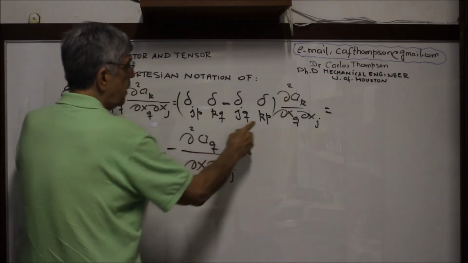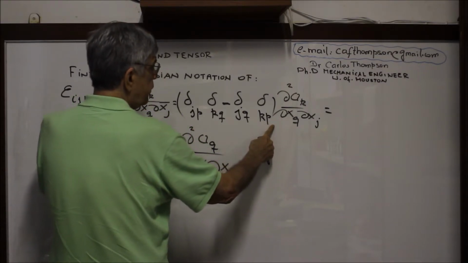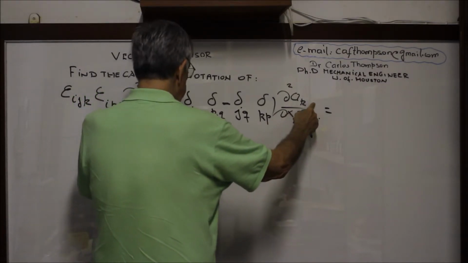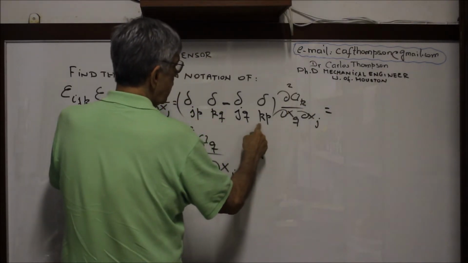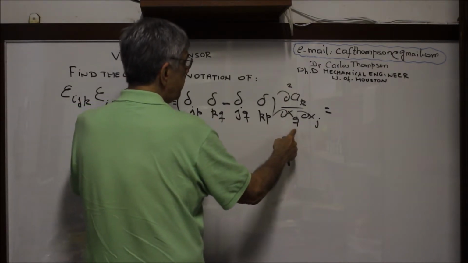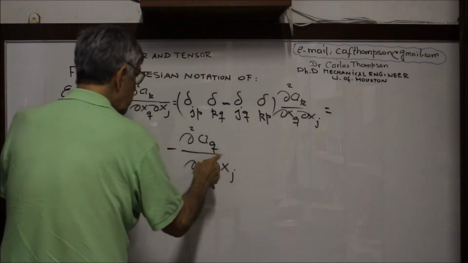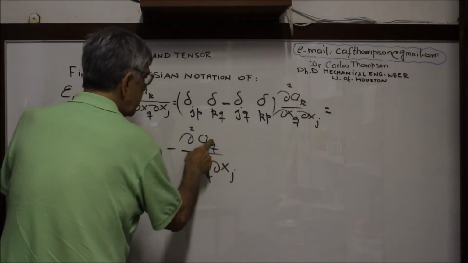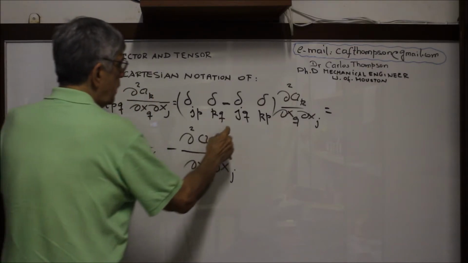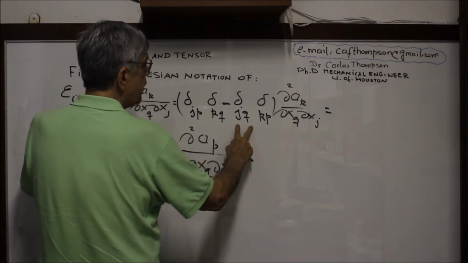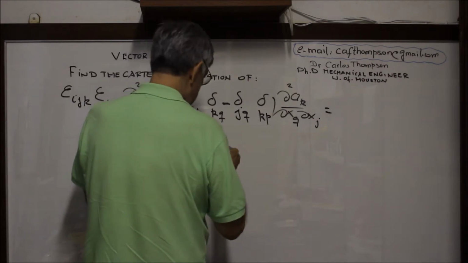Now, again, delta kp, I remove k and put p. Now, this one again, delta jk, you see, I remove j and put q, okay?